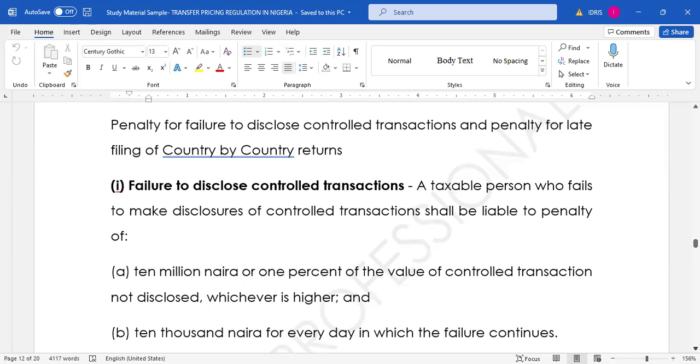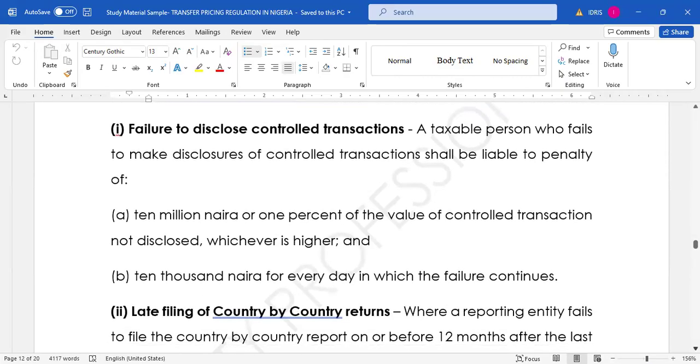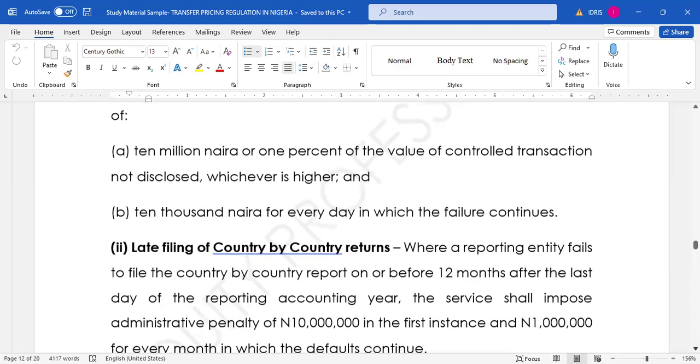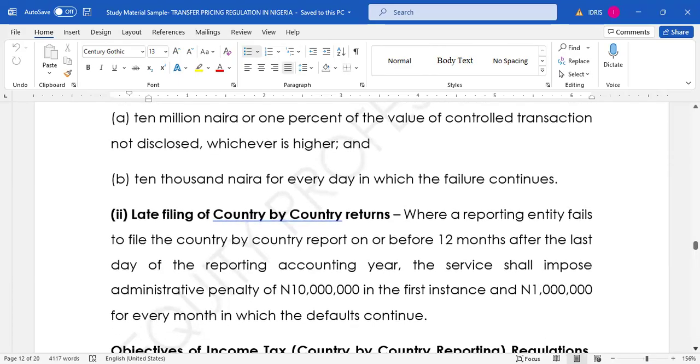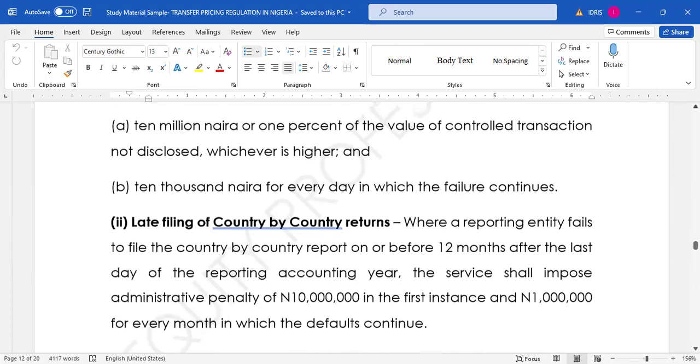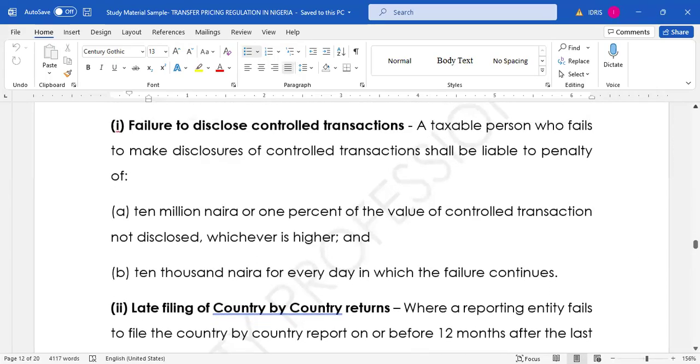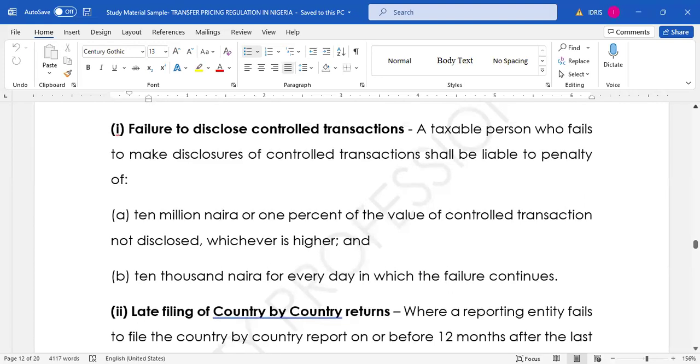Apart from paying the penalty of 10 million naira, they will also be paying 10,000 naira every day in which the failure continues. So that is on failure to disclose controlled transactions.